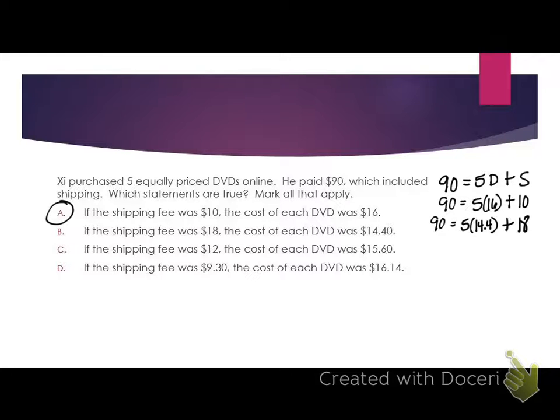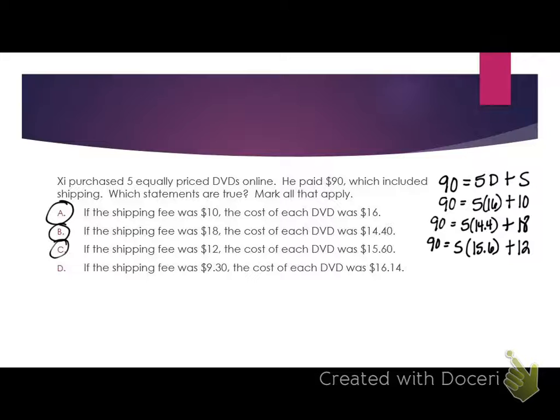So this gives us the correct total. For C, our shipping fee was $12 and each DVD was $15.60. So 5 times $15.60 is $78, and $78 plus $12 gives us $90, so this does give us the total we're looking for.